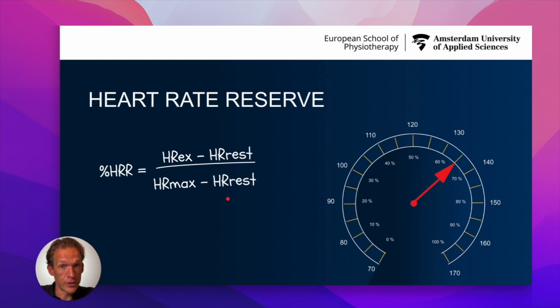That is then a percentage of the complete range. So 50% would be exactly in the middle, like this one shows right here. 50% between 70 and 170 should be 120. So that's a quite objective way to use both maximum heart rate and resting heart rate, and then to indicate what percentage someone is exercising at.